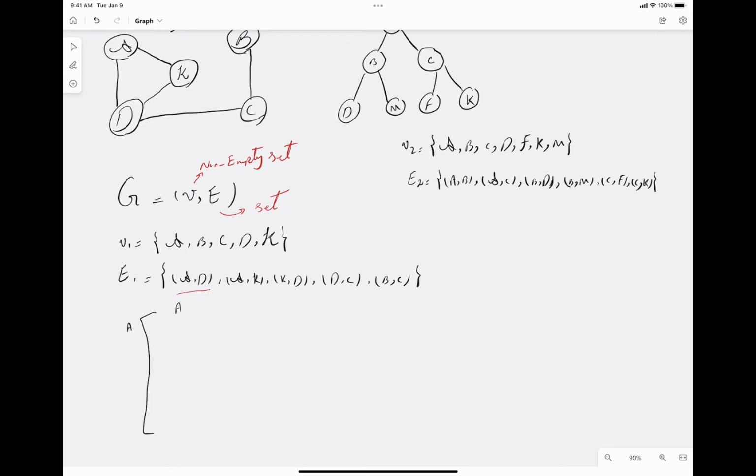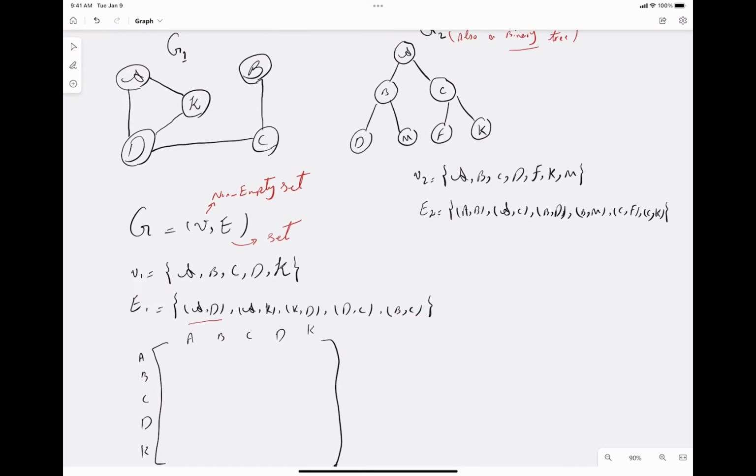We're going to have A, then B, C, and D, and then K. Here we have A, B, C, D, and K, and that's going to be the number of rows and the number of columns. As you see, the node A is not connected to itself, so we're going to put 0 here for the connection between the node A and itself.